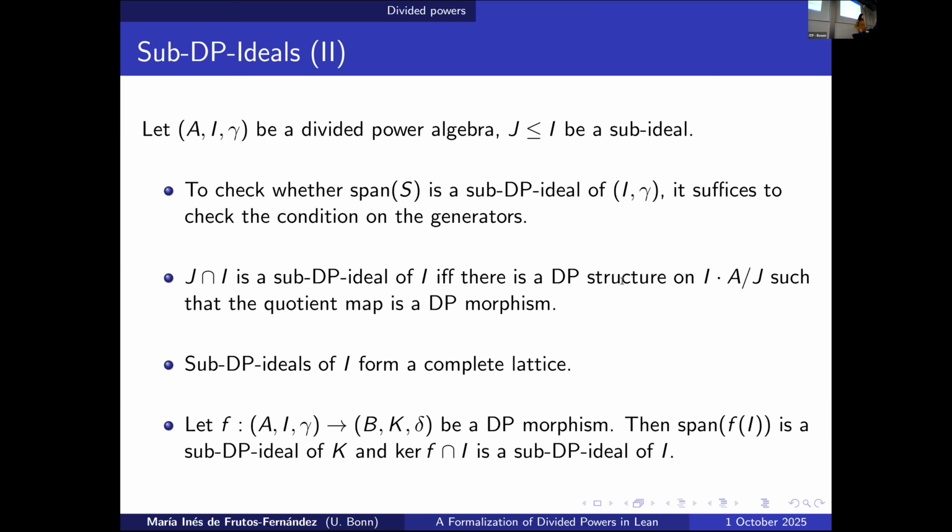Then we also prove some relation between divided power morphisms and sub-divided power ideals. If you have a divided power morphism, then the span of the image of the ideal I is a sub-divided power ideal of the ideal K in the image. And the kernel of f intersected with I is a sub-divided power ideal of I.